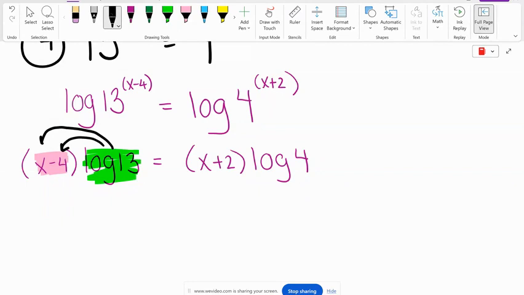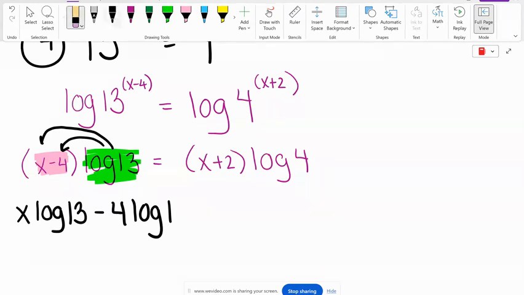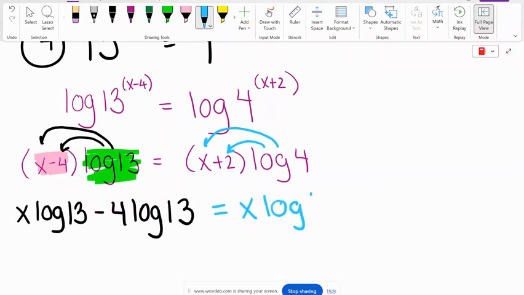So this is going to be x log 13 minus 4 log of 13. Same thing on the other side. I'm going to distribute in this log of 4. So this is going to be x log of 4 plus 2 log of 4.